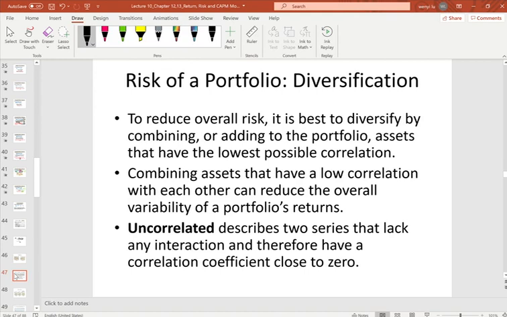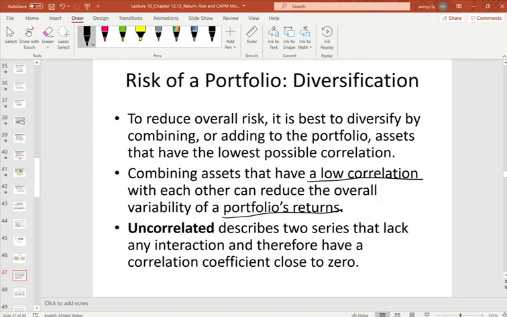To reduce overall risk, it is best to diversify by combining different individual assets into the portfolio. The assets with the lowest possible correlations will give the lowest risk for your portfolio. We try to combine assets with low correlations into the portfolio to reduce the overall variation of the portfolio's return.